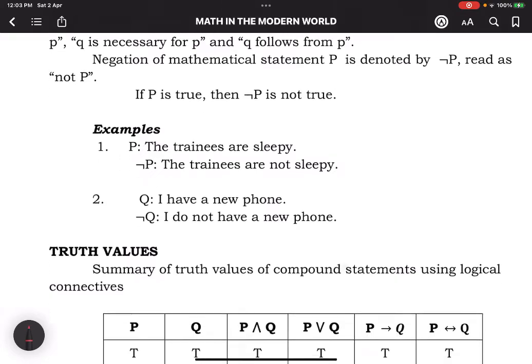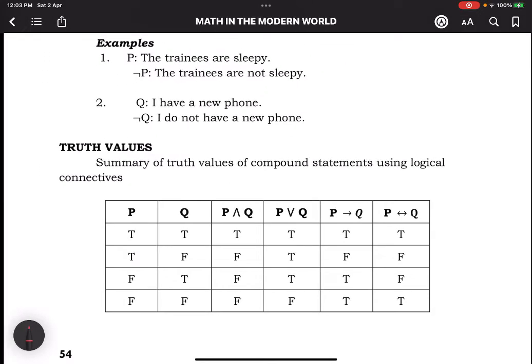Next, the summary of truth values of compound statements using logical connectives. This is our sentence 1, which we call a premise. So premise 1, premise 2. When we combine them, we will have the evaluated truth values.